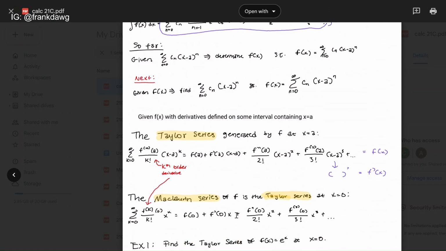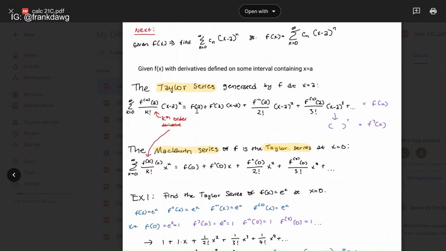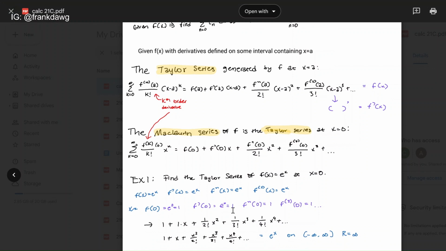I'm going to go to Taylor series. So Taylor series, there's a formula, this formula right here, where you just find the derivative of the function and plug it into the formula. Maclaurin is what we're going to be focusing on in this class because that's what the last midterm had, and just what we did more in class. Just find the derivative of the function and follow the formula right here.